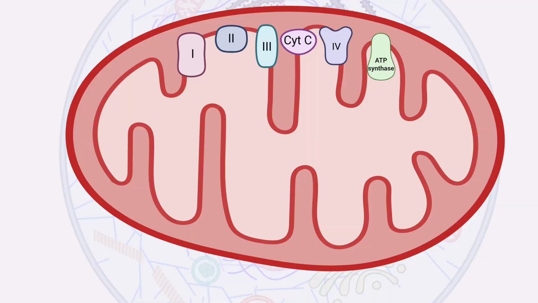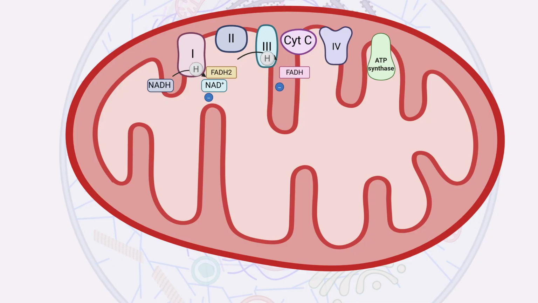We're almost at the end as we come to the inner membrane of the mitochondria, where there are 4 protein complexes that separate the hydrogens from all of the NADH and FADH2 that's been generated and force these atoms into the inner membrane space of this organelle.